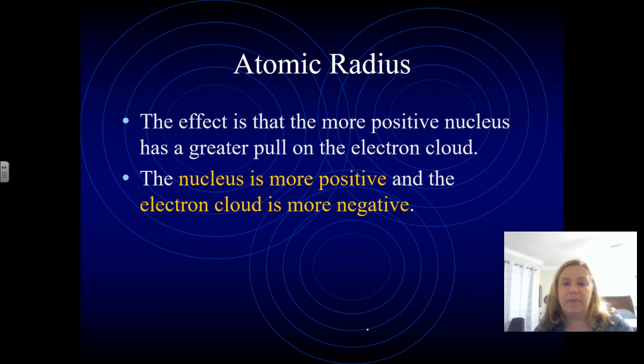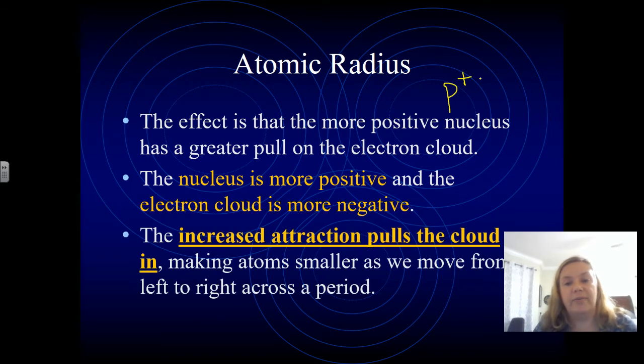So what we have to think about here is the more positive the nucleus, so the more protons there are in the nucleus, because remember, protons is what makes a nucleus positive. Therefore, we have a greater pull on the electron cloud. There's more protons in that nucleus, like more mama is watching out for those electrons. So the nucleus then being more positive, the electron cloud is more negative.